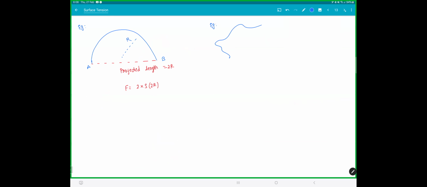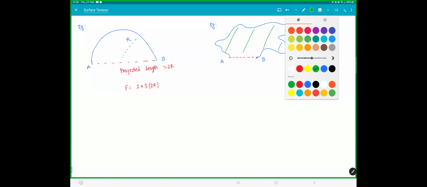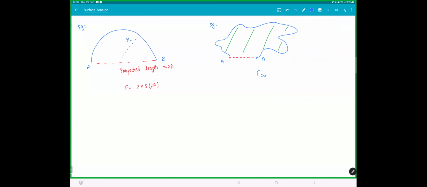You can have any type of surface. You can make anything. There, this is the projected length. So if you make a soap film here, the force will be 2 into S into the length of A to B. It doesn't matter what kind of surface you take.